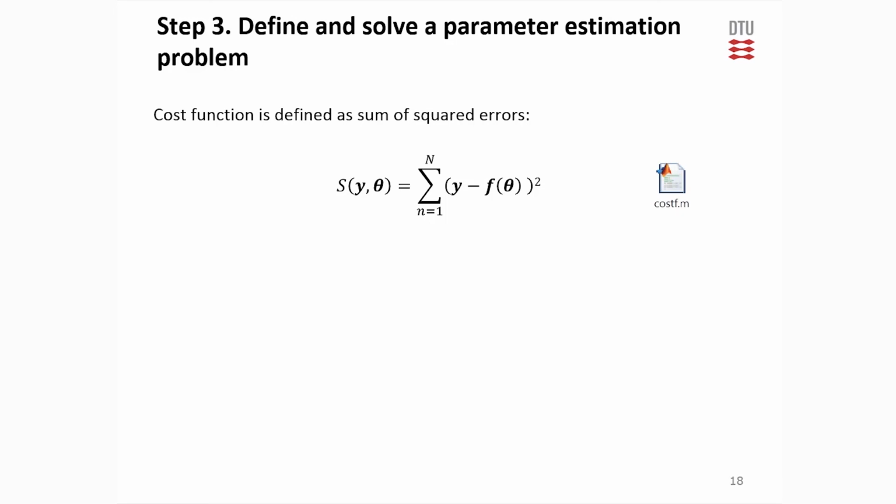For step 3, the objective cost function is formulated as a sum of the squared errors between measurements and model predictions.